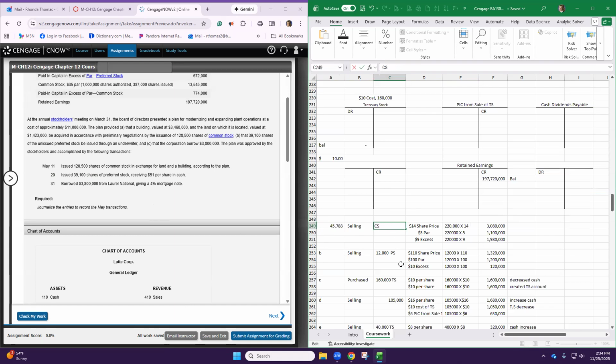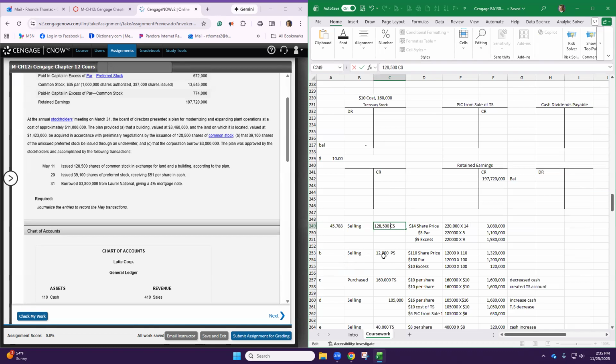So let's figure this out. 128,500 shares of common stock, and that's in exchange for the land, a building, according to the plan.